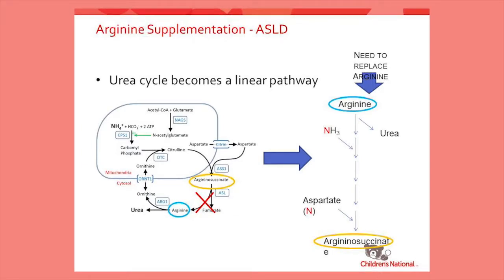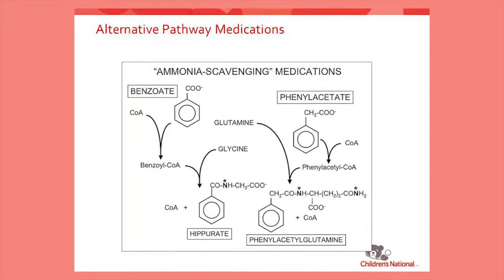That make sense? Okay. I want to talk a little bit about alternative pathway medications. I understand you're obviously familiar with the use of benzoate in these disorders. Benzoate combines with glycine to make hippuric acid, and as a result gets rid of the one nitrogen in glycine.